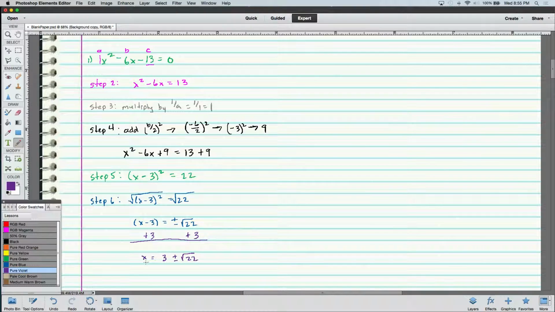So that means x can either be 3 plus the square root of 22, or x can be 3 minus the square root of 22. Writing that as our solution set: 3 minus the square root of 22 and 3 plus the square root of 22.